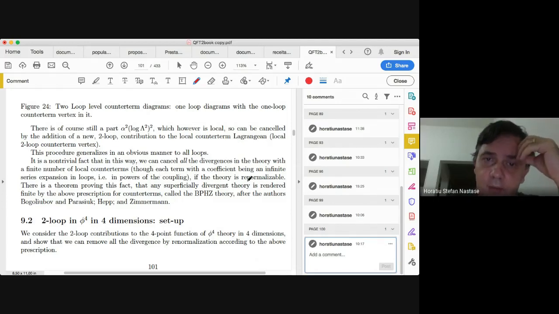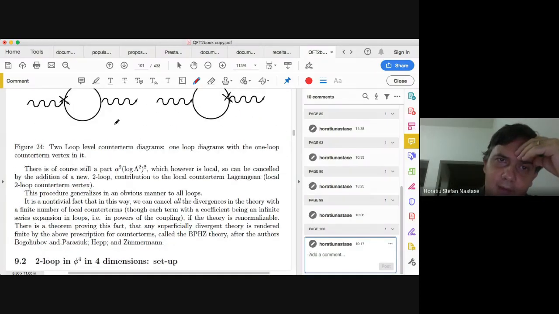So this is true if the theory is renormalizable, which we know how to define. The theorem proving this fact, that any superficially divergent theory is in fact rendered finite by these counterterms, by cancelling Feynman diagrams in this way, is known as BPHZ theory, after Bogolubov, Parasiuk, Hepp, and Zimmermann.